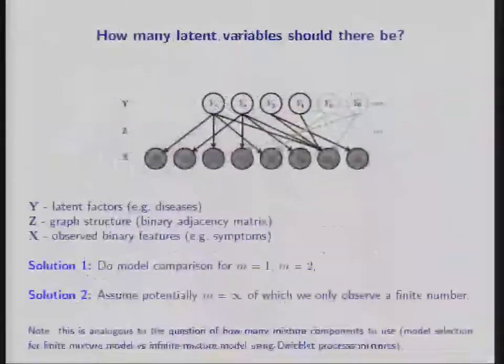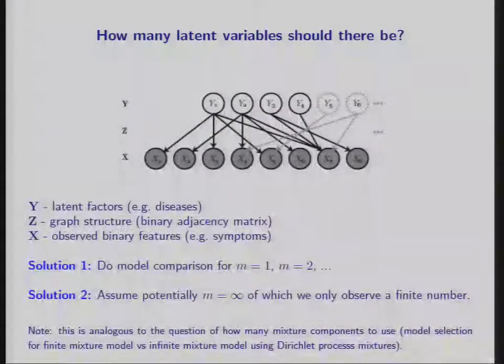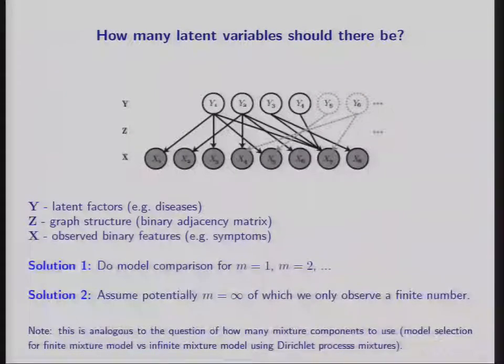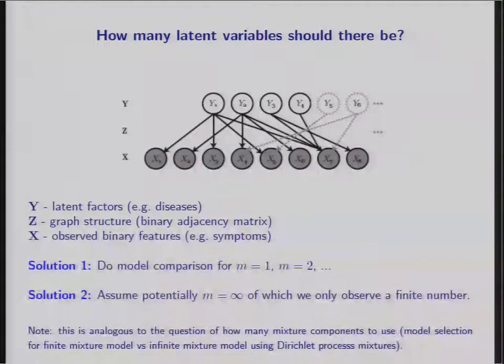Yeah. Okay, so I'm almost done, and I'm almost out of time. So I just want to touch on the last few points that I wanted to discuss as more advanced topics. One of them is how many latent variables should you have in a graph structure with hidden variables.